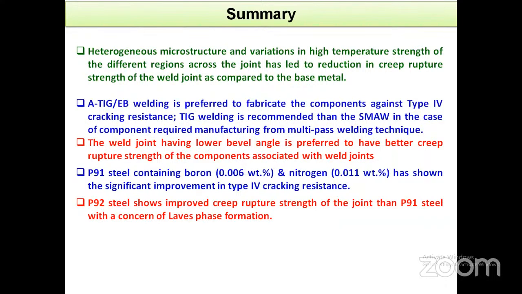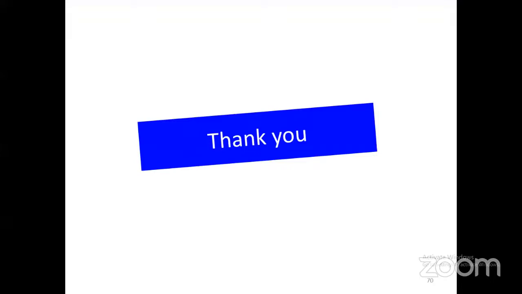And also the geometry plays a major role, in addition to the composition development, for a component at high temperature. Thank you very much for giving me an opportunity to deliver this talk.